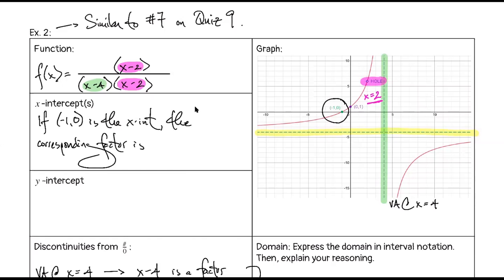So if -1, 0 is the x-intercept, what is the factor that goes with that? Yeah, x plus 1. Good, good. You guys really got that factor theorem down.